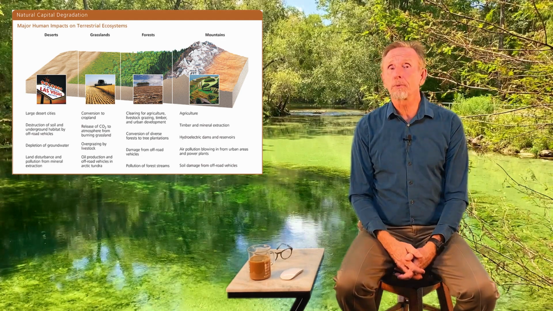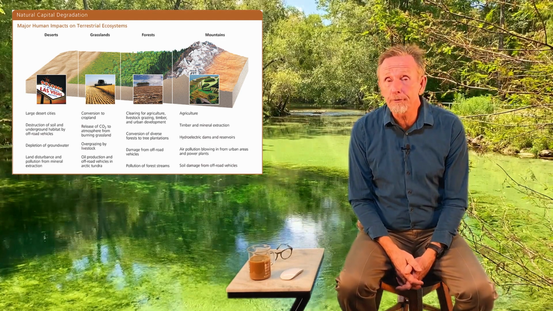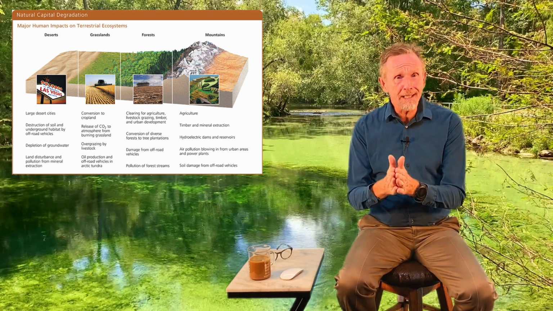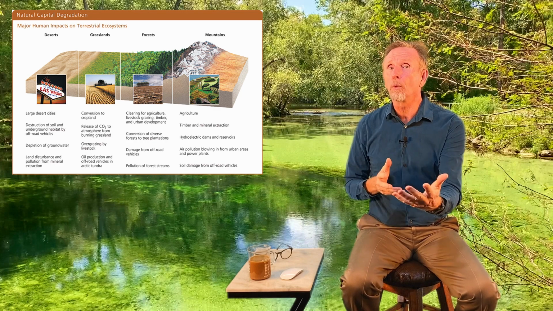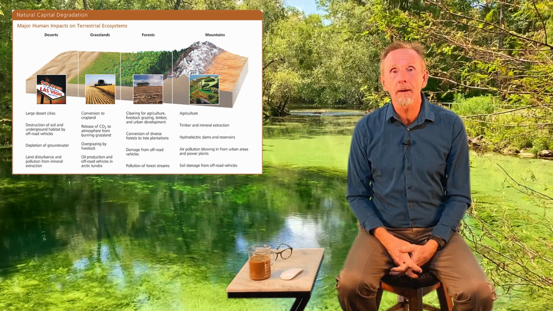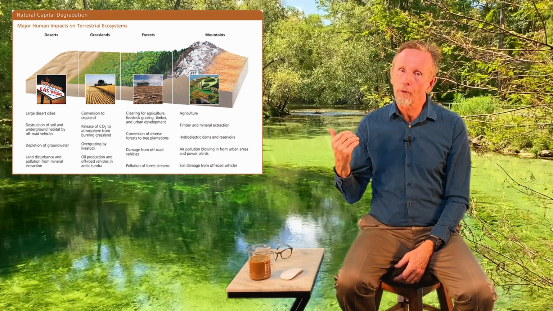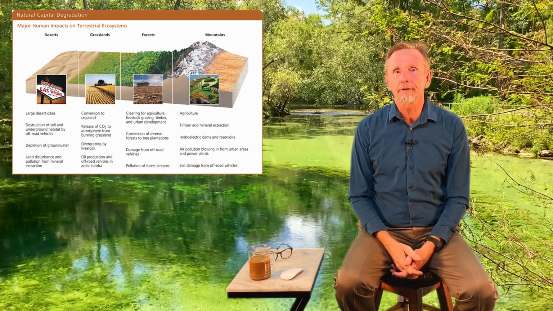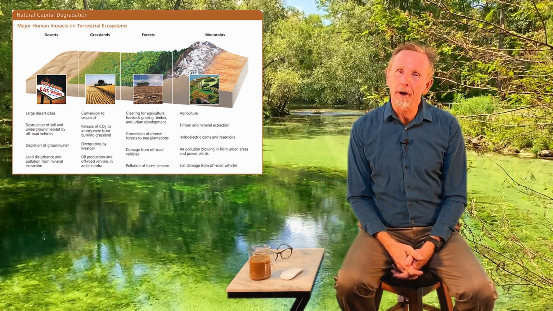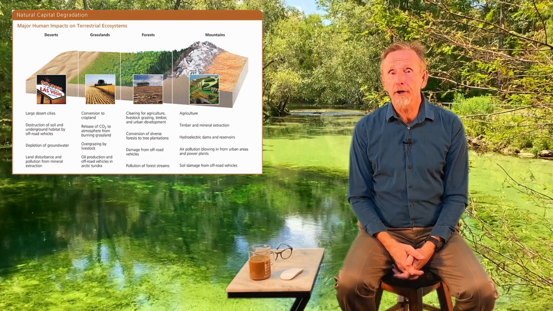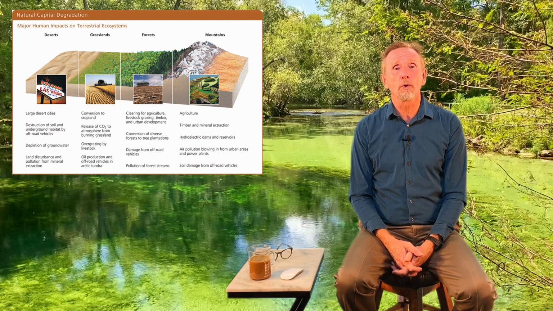Grasslands, we've already mentioned, one of the big things is we've turned it into farming. And one of the issues when you've got farming, you tend to plant one type of crop. It's more economical to just plant wheat and harvest wheat, but it's not as good for the soil. So turning our grasslands into farming and then monocropping tends to be particularly harmful. Our forest, once again, we mentioned, not going to hit a whole lot of it.